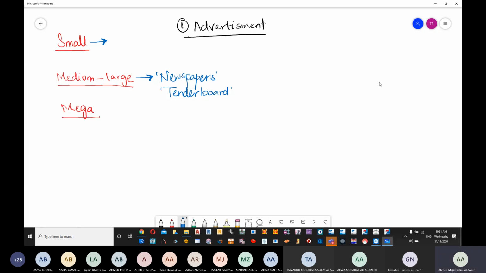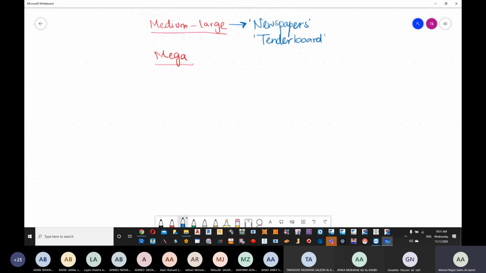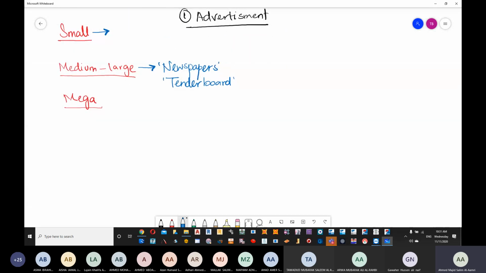Now if it's mega projects, like for example a huge mall, an airport or a metro, huge projects, normally we go not for tender board or newspaper, we go for a conference.